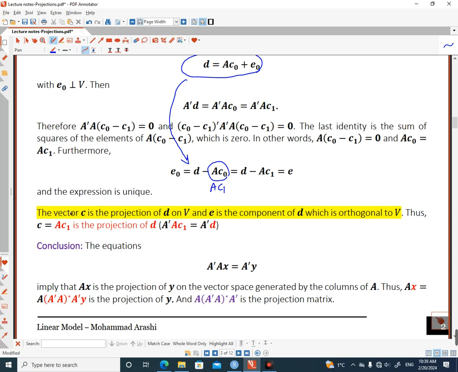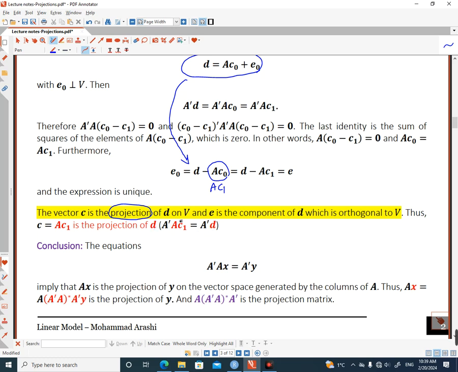So now we are extending this projection to a space. So C is a projection of D on V, and E is a component of D which is orthogonal to V. And this statement comes from the first theorem. Thus I can say that C equals AC1. Once again, I'm using this projection term. So C, which is equal to AC1, is the projection of D.